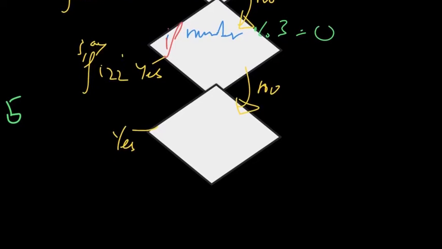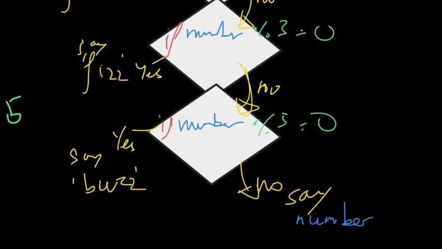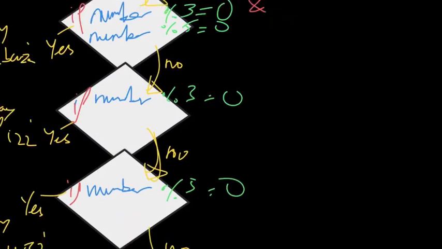And as you can see, if that condition isn't met, then we go down into this one, and we simply say if number modulo 5 equals 0, then we say buzz. If none of those conditions are met, then we have another no, and then we would say number.